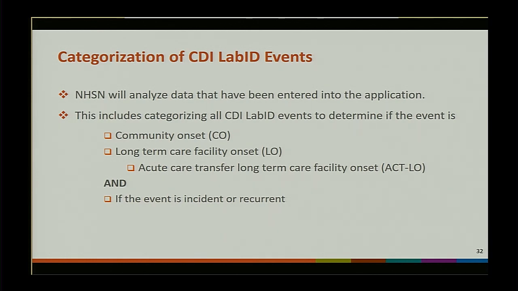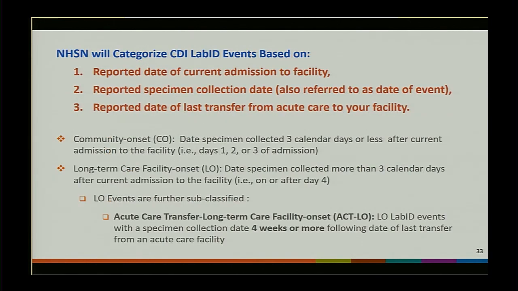So let's look at some of these definitions here. Community onset will be assigned if the specimen is collected in the first 3 calendar days of admission, with admission being day 1. So day 1, 2, or 3 of admission, those are considered community onset. Long-term care facility onset is assigned for any specimens collected on or after 4 days from the current admission date.